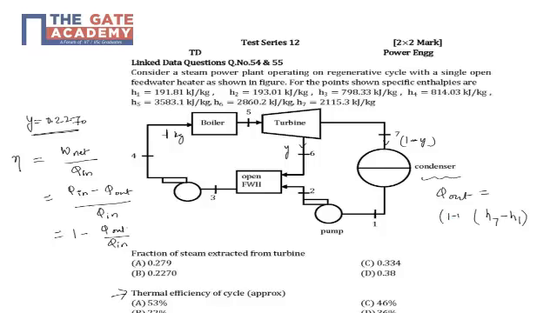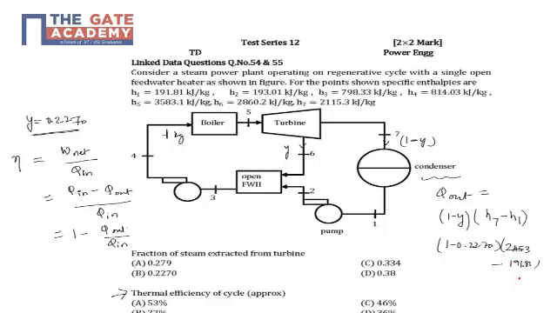But the mass flowing through the condenser is 1 minus y. So 1 minus y into H7 minus H1 is the Q out. That is 1 minus 0.2270, into H7, which is, let's see what H7 is, 2115.3, minus H1, which is 191.81.